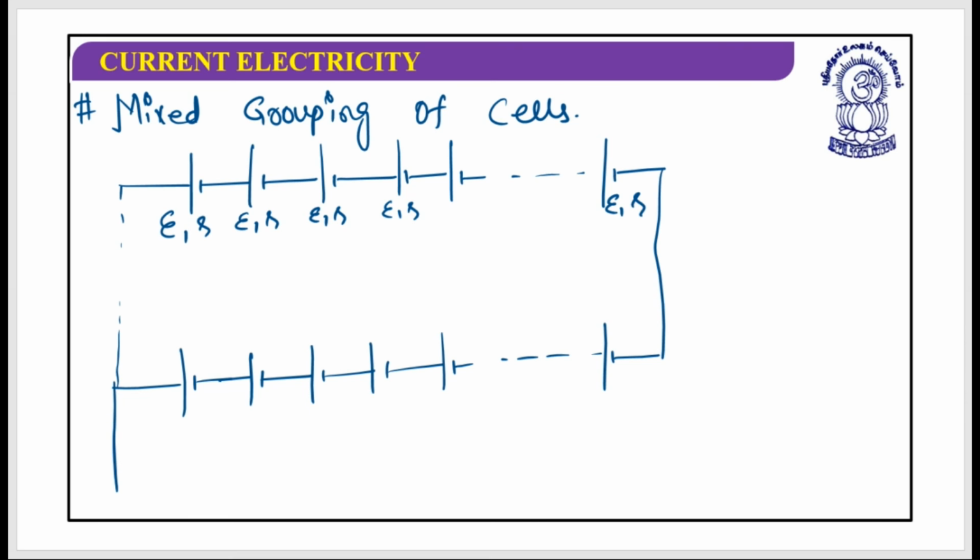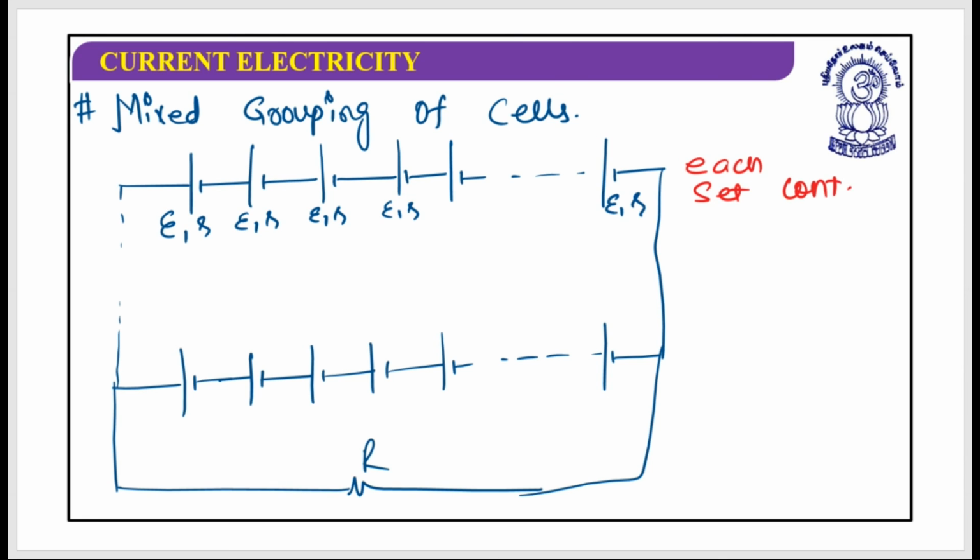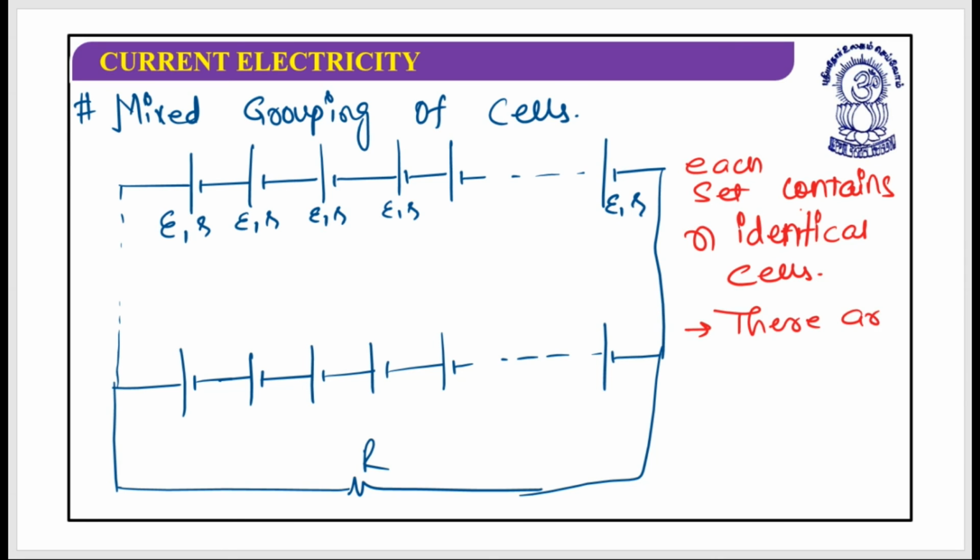And this is connected with the external resistance R. So each row, I can say each set, contains n identical cells, and there are a total of m sets. Each set has n cells, and there are m sets.